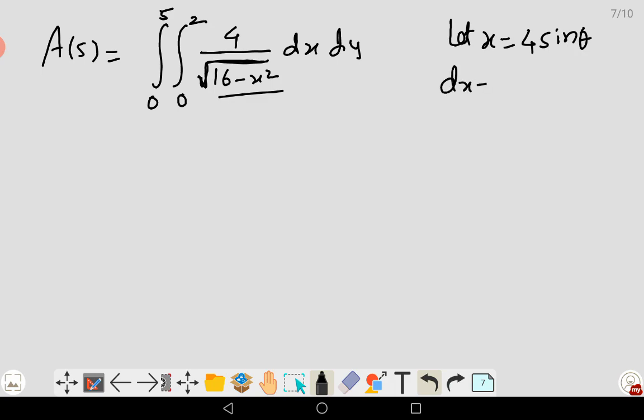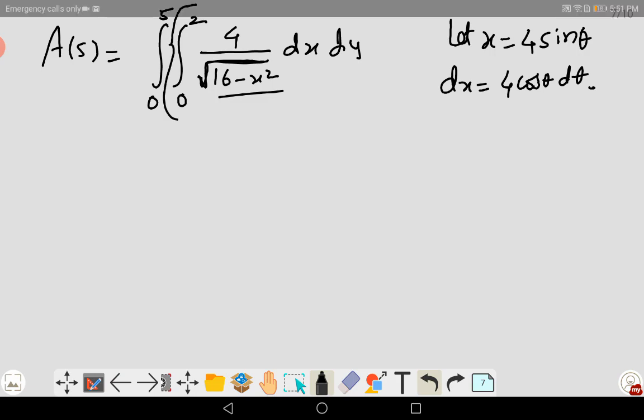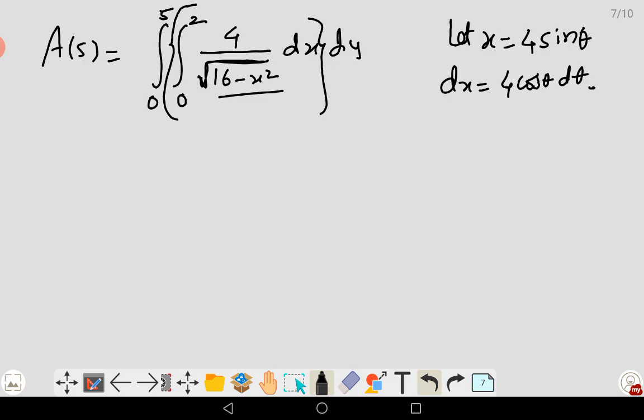Okay, when you differentiate it with respect to theta, you'll get 4 cosine theta d theta. So the inner integration becomes what? Integral 0 to 5, integral 0 to 2.